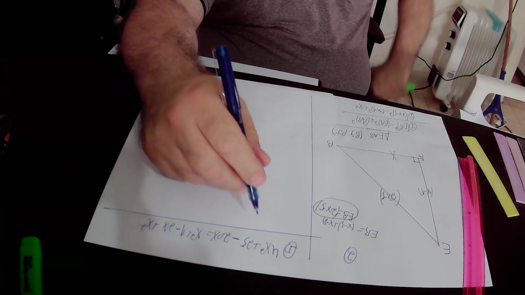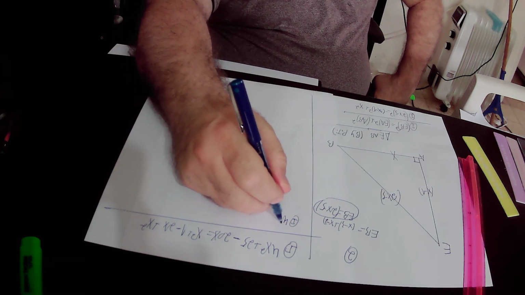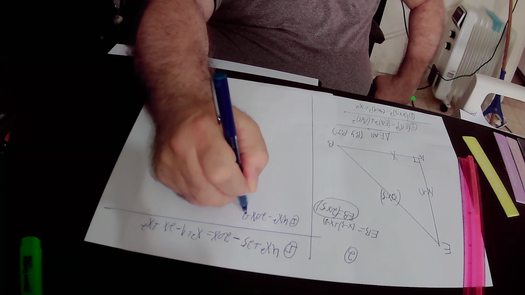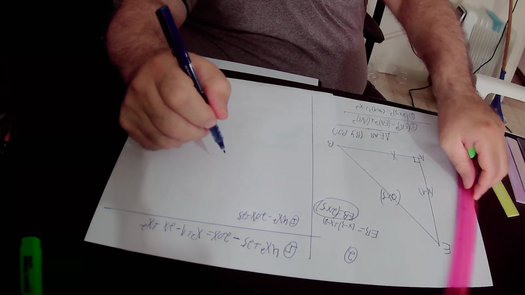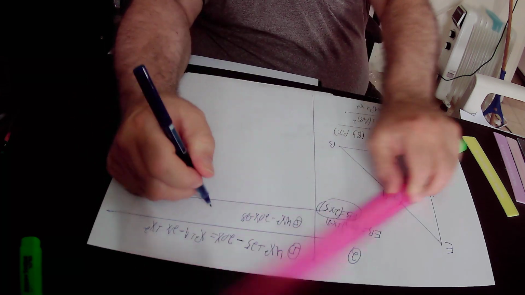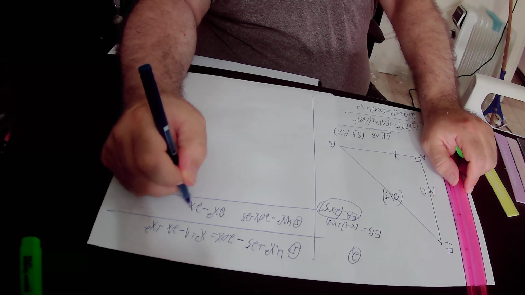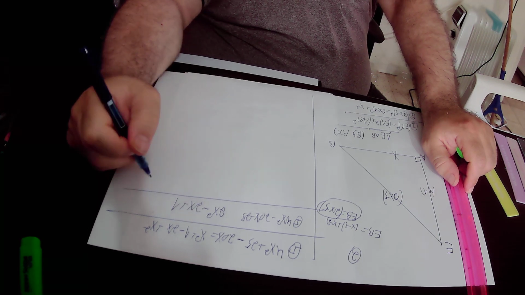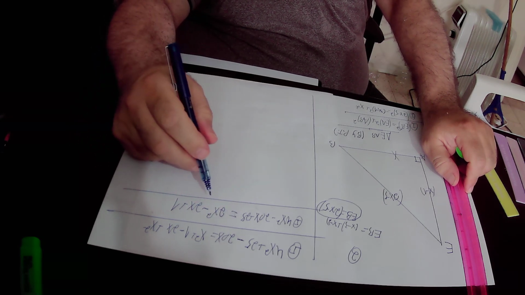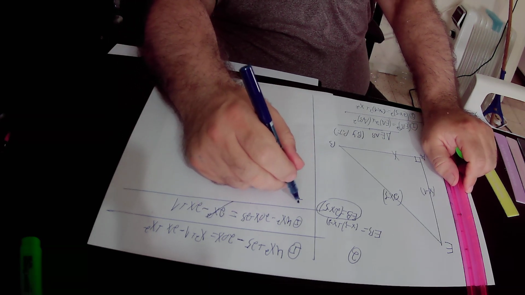So in this side of equation number 1 we have 4x squared minus 20x plus 25, and on the other side we have x squared plus x squared is 2x squared, minus 2x plus 1. So here we subtract 2x squared from this equation, so 2x squared minus 2x squared is 0, and 4x squared minus 2x squared is 2x squared.